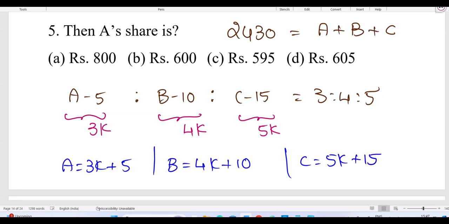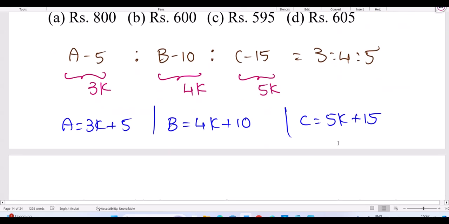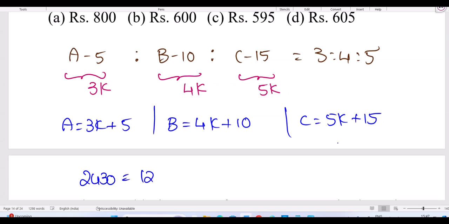Now in the question A plus B plus C is 2430. If you add A plus B plus C: 3k, 4k, 5k gives 12k, and 5, 10, 15 adding gives 30. Now 12k equals 2400, k equals 200, and the question is regarding A.